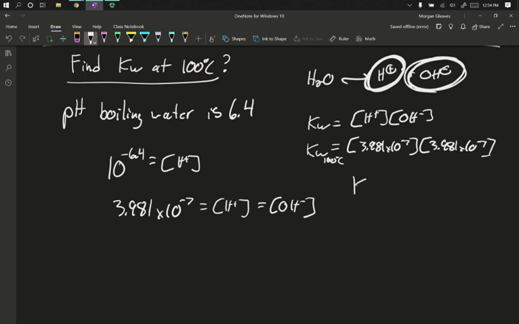What we'll find is that Kw is 1.585 times 10 to the minus 13, compared to 1 times 10 to the minus 14. Our Kw is larger as our temperature goes up.